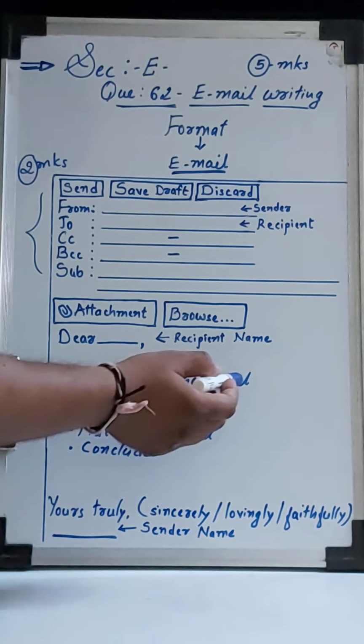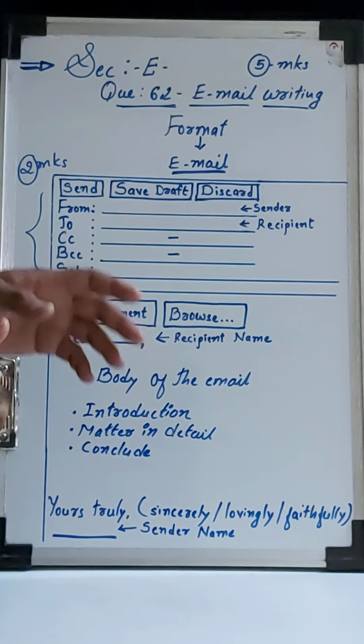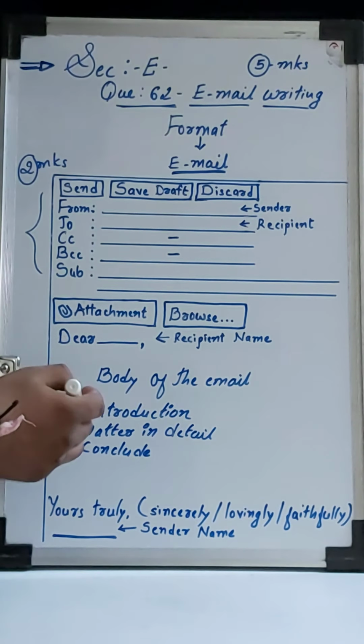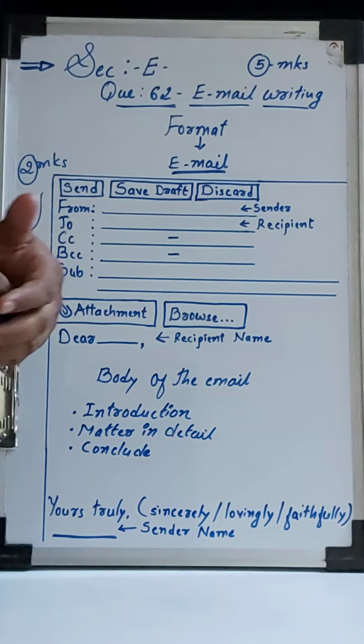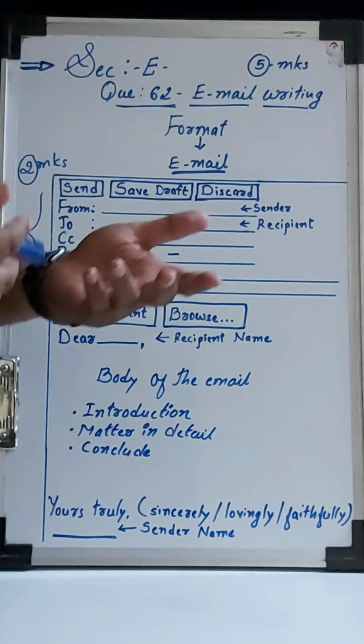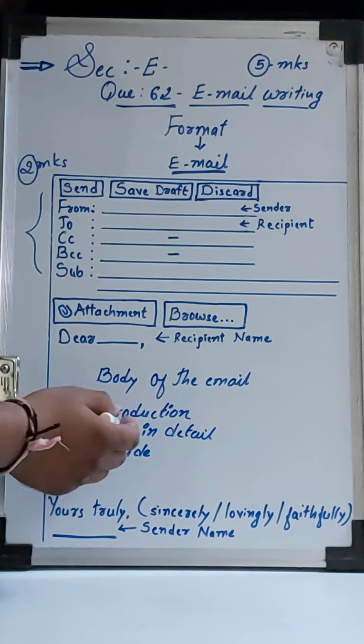Students, the body of the email basically consists of three things. First, introduction. Whenever we are composing an email and come to the body of the email, obviously we begin with some good sentences. Then comes the matter in detail.